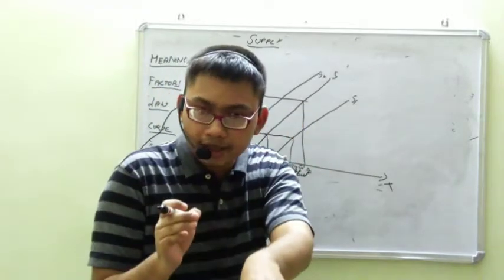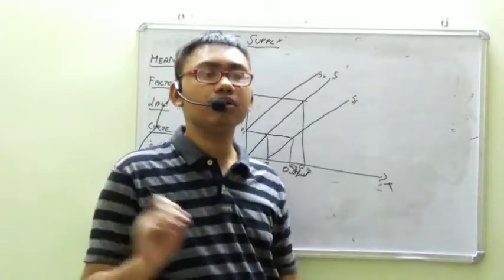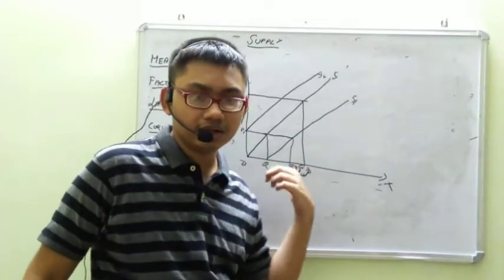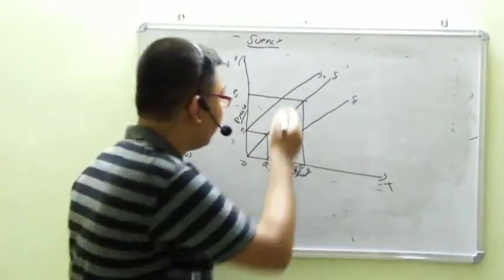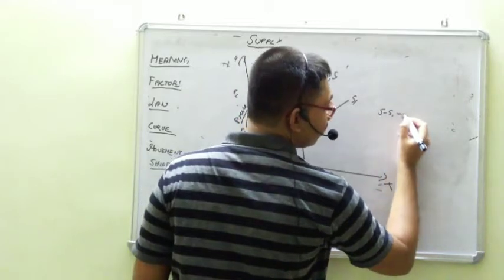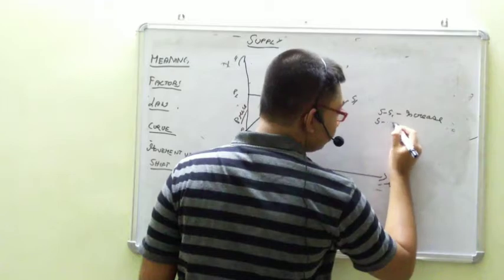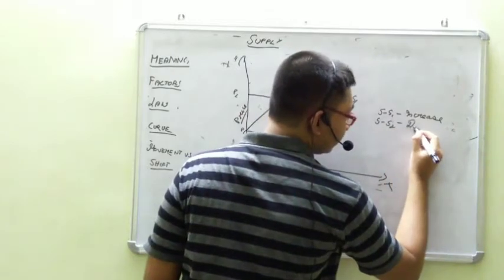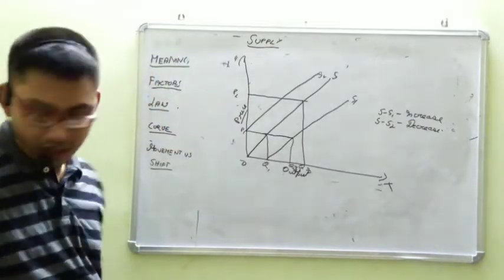For the same price P1, however, now the producer is not willing to supply anything in the figure here. The supplier has moved to the 0 point in S2. S2 to S1 is increase, S1 to S2 is decrease. This is called increase and decrease in supply.